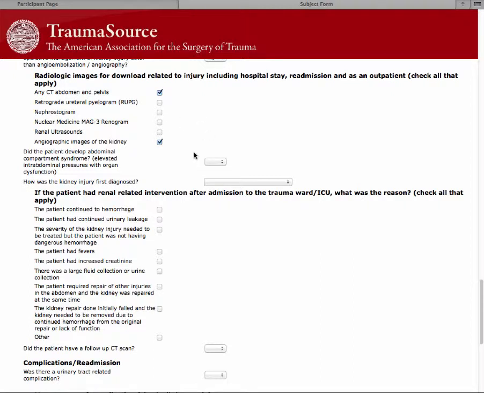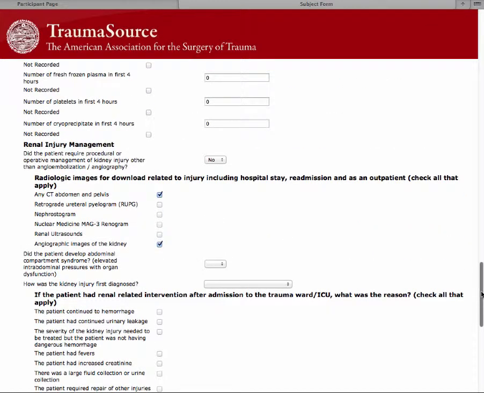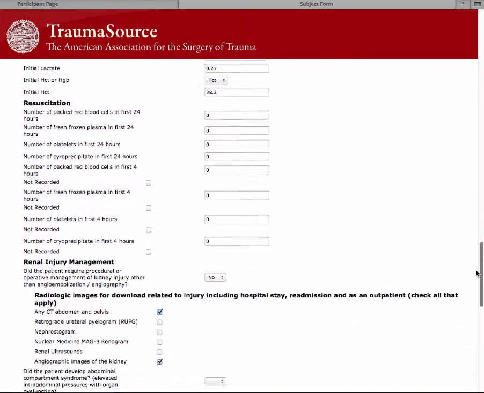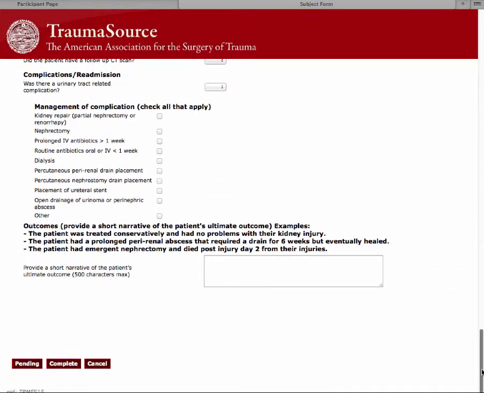So this is the first tier of data entry that has to do with entering demographics and data that can be readily abstracted from the trauma registry. Now the final part of this portion is going down to here, and it's very important that you do not check complete until the entirety of the patient records have been entered. And so here you want to check pending.